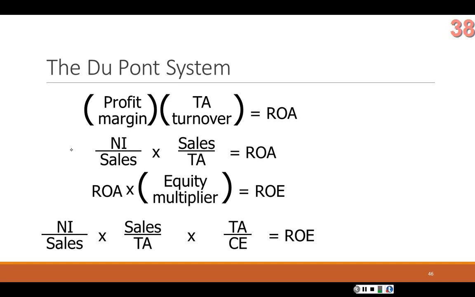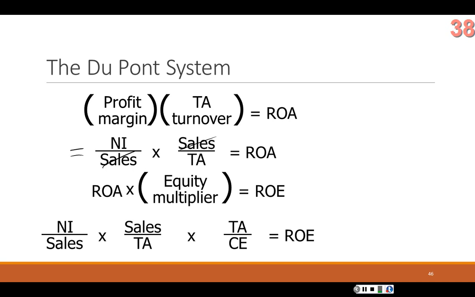So profit margin is equal to net income over sales, times sales over total assets. Sales cancel out. That gives you net income over total assets, which is return on assets. If we multiply the ROA by the equity multiplier, then we get return on equity.